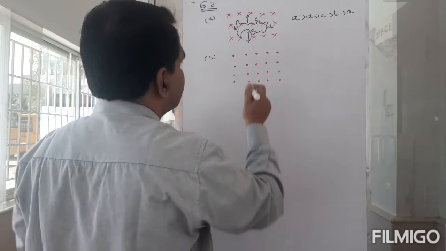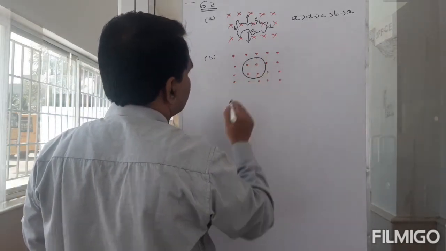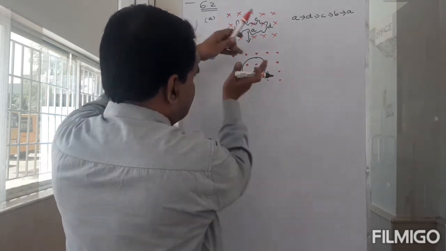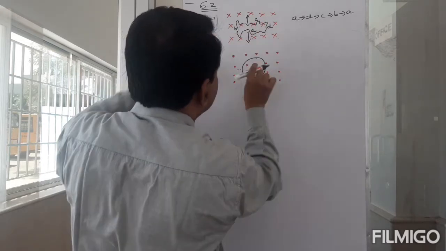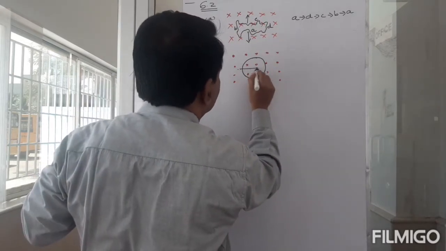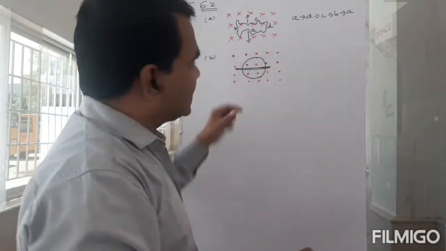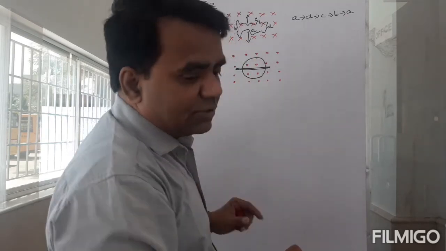So here you have a circular coil, and you're constricting it, you're changing the shape, you're deforming it in such a way that it becomes a thin wire like this. Okay, you can clearly see that as I press this, the area is reducing.